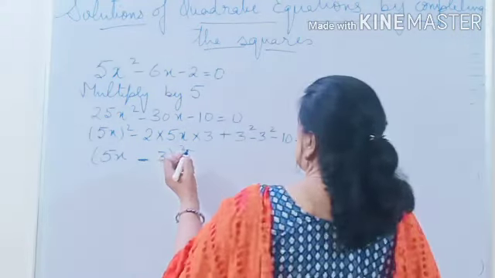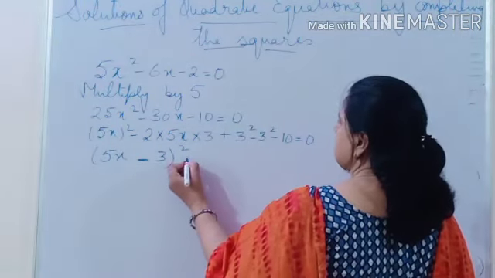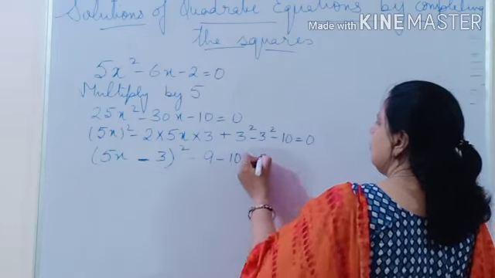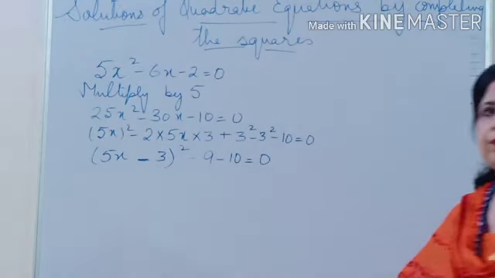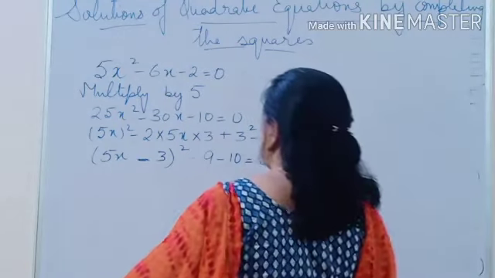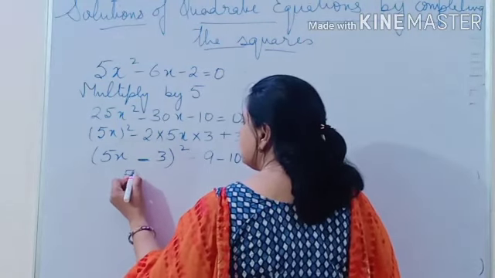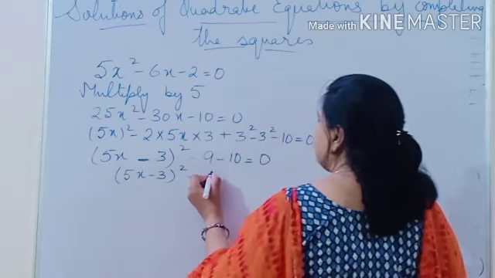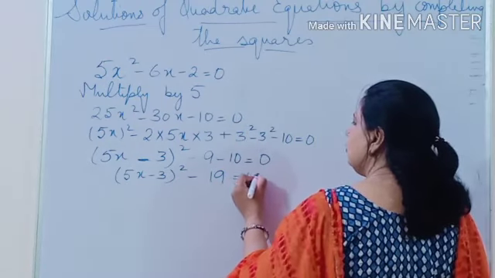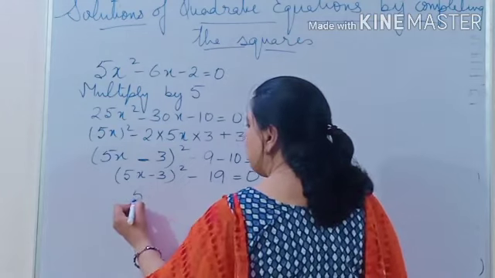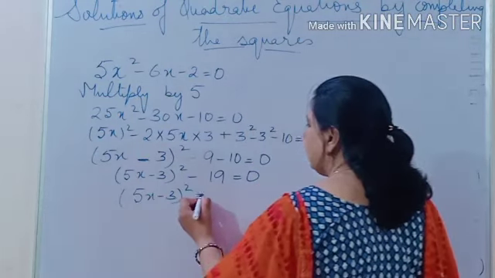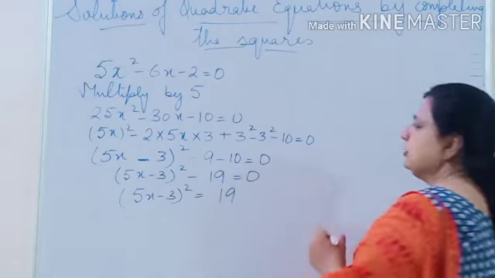So 5x minus 3 whole square minus 9 minus 10 equal to 0, or 5x minus 3 whole square minus 19 equal to 0, or 5x minus 3 whole square equal to 19.